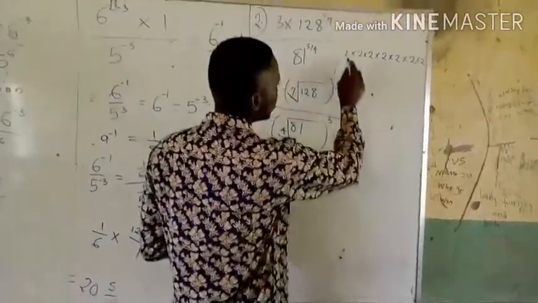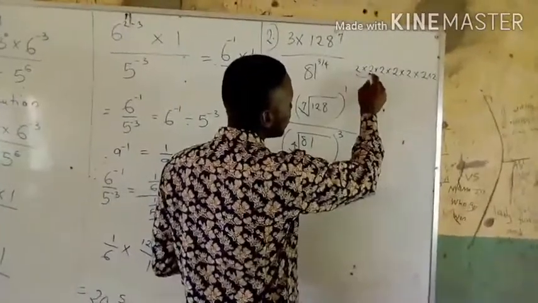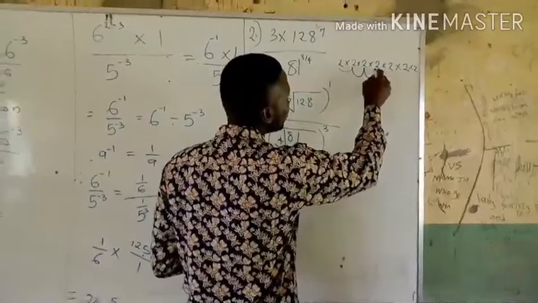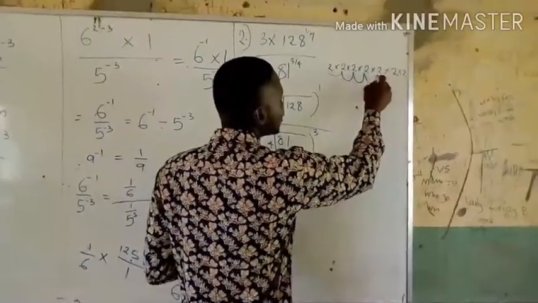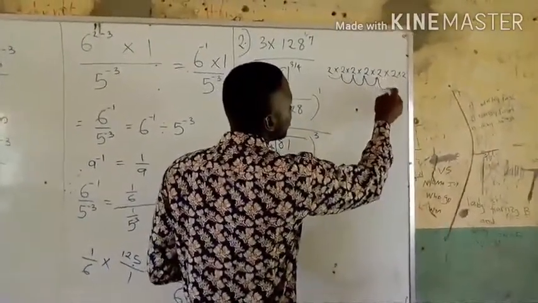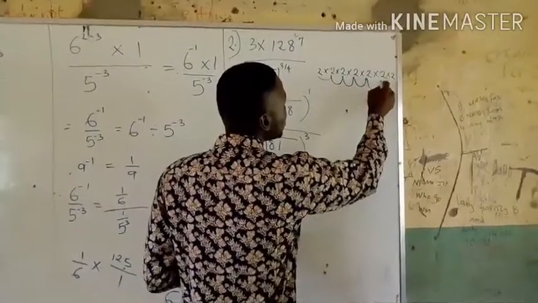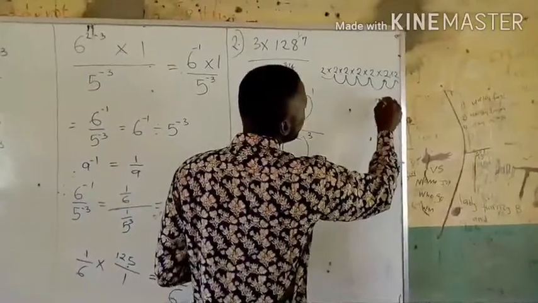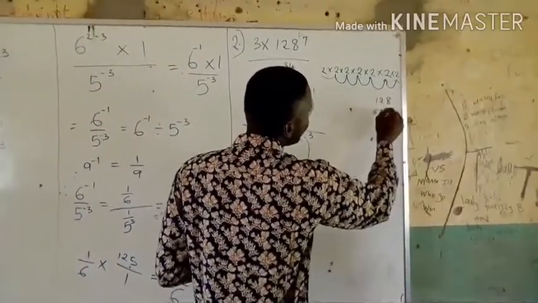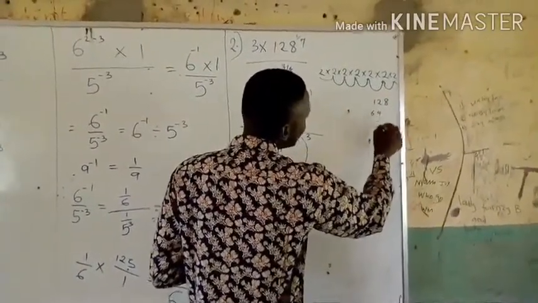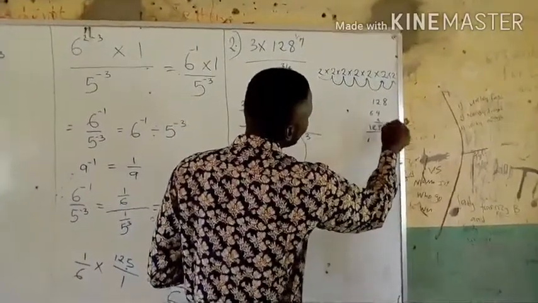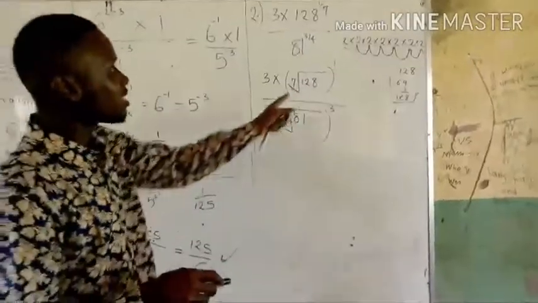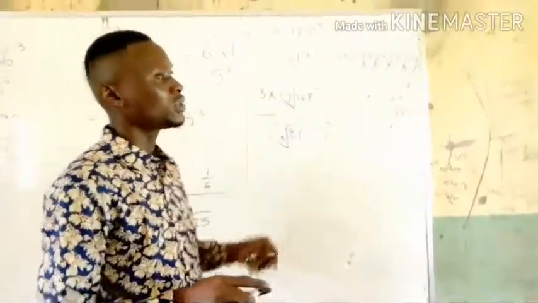So let's see. 2 times 2 gives us 4. 4 times 2 gives us 8. 8 times 2 gives us 16. 16 times 2 gives us 32. 32 times 2 gives us 64. And 64 times 2 gives us what? 128. So definitely the seventh root of 128 will give us what?